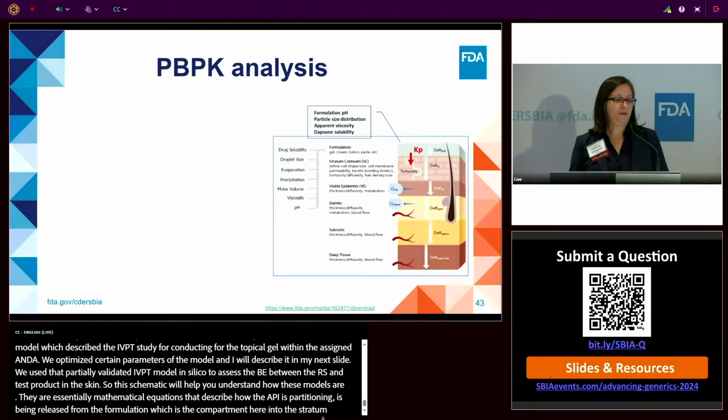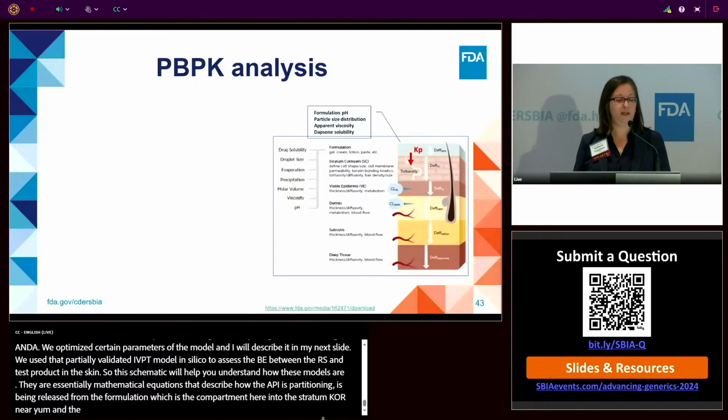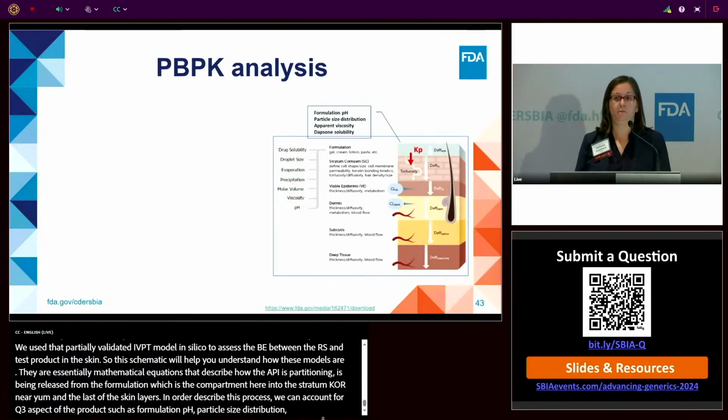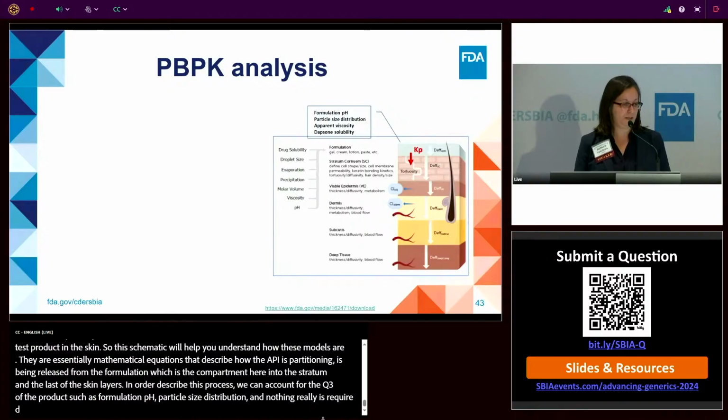In order to describe mathematically this process, we can account for Q3 aspects of the product, such as formulation pH, particle size distribution, apparent viscosity, and solubility. So these are direct inputs into the model, and there's information that is collected within the scope of the Q3 characterization of the product. Nothing really is required in addition to those Q3 studies.